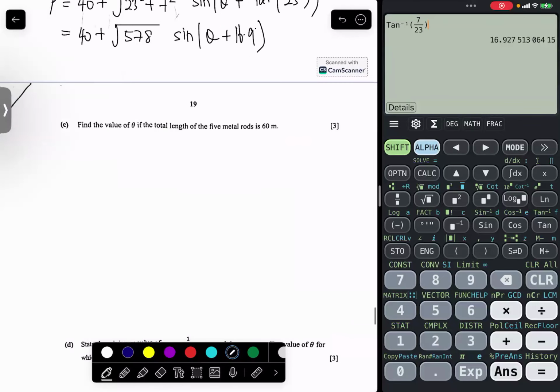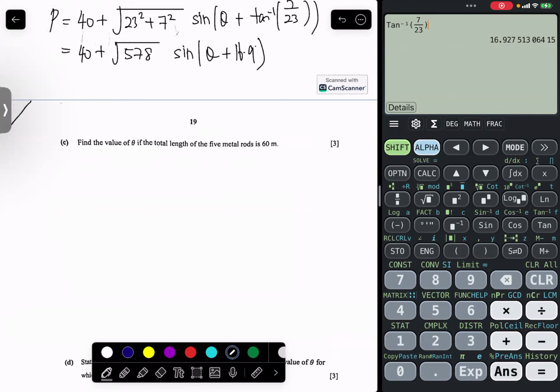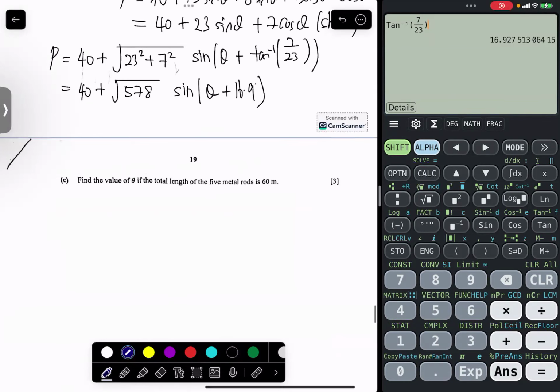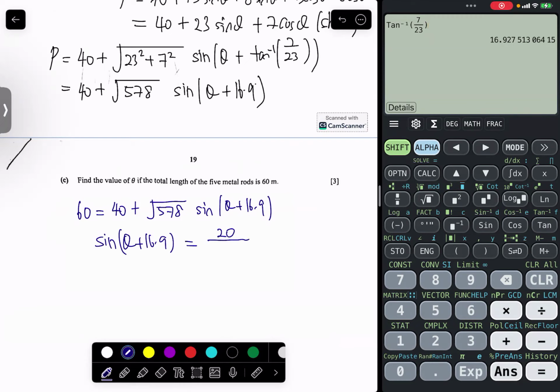Find the value of theta if the total length of the 5-meter rod is 60. So that means 60 equals 40 plus square root 578 sine of (theta plus 16.9). So sine of (theta plus 16.9) equals 20 divided by square root 578.